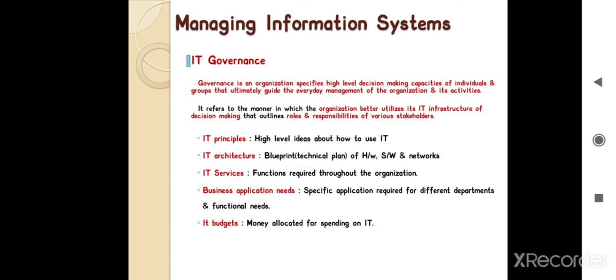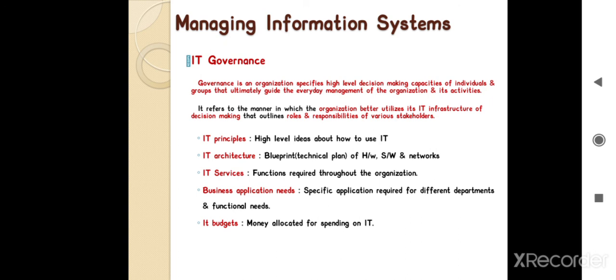Next, IT services. These are the functions which are required throughout the organization. What are the different services that need to be followed within that particular organization? That is nothing but the IT services. Next is the business application need. These are specific applications required for the different departments and functional needs. Next is the IT budget.